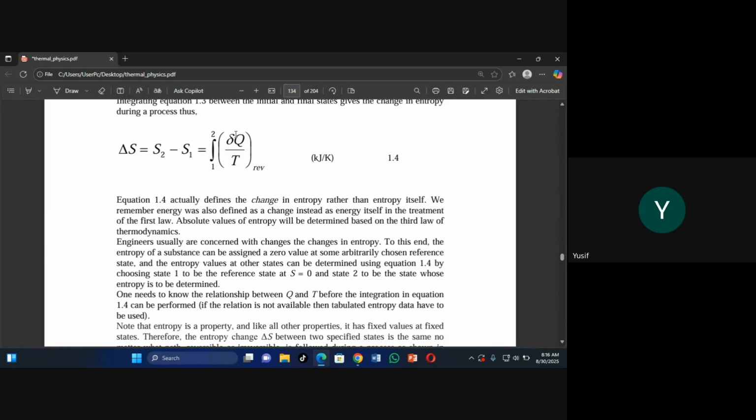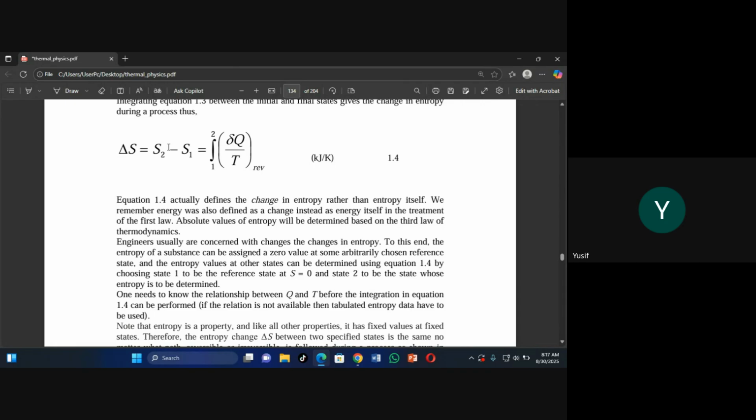As we said, Q over T is Clausius's statement, an inequality. The rate of change of heat energy with respect to temperature of a system is referred to as entropy. Equation 1.1 actually defines the change in entropy rather than entropy itself.